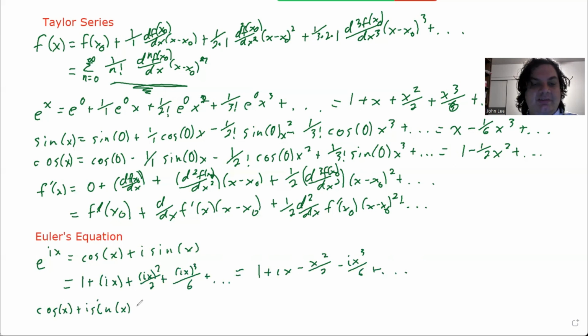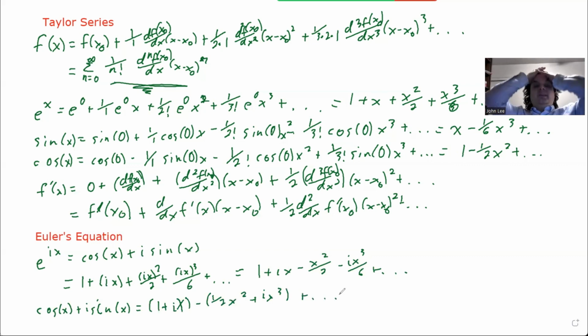So when you set these two Taylor series equal to each other, you get 1 plus ix for the first terms, minus 1/2 x squared, plus ix cubed over 6 for the next term, plus dot dot dot.